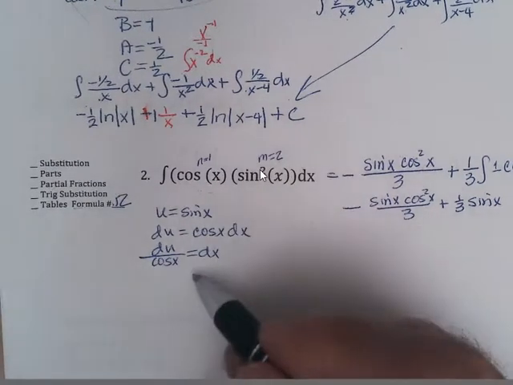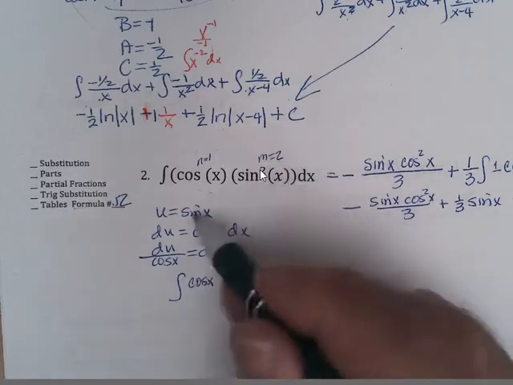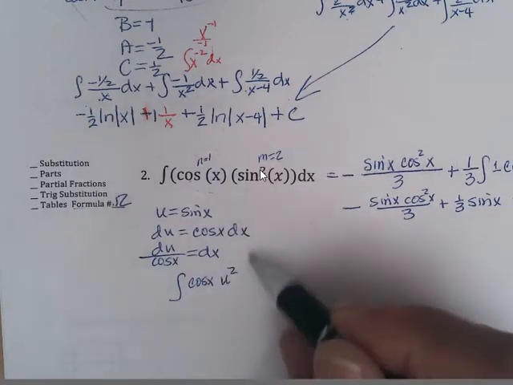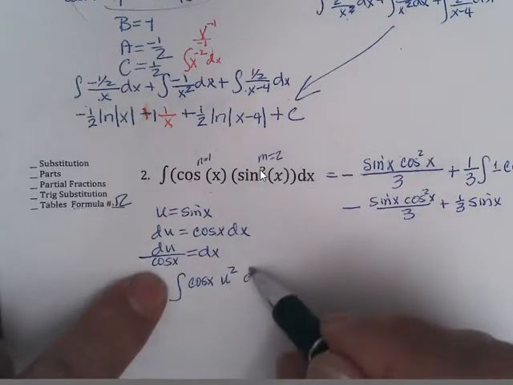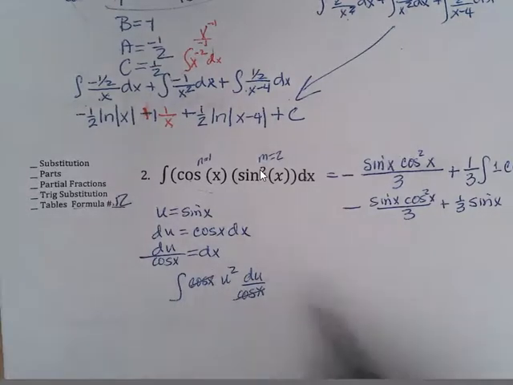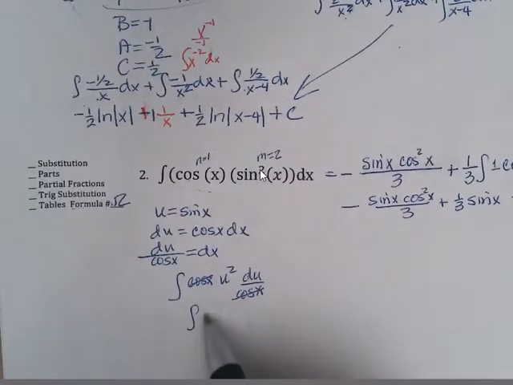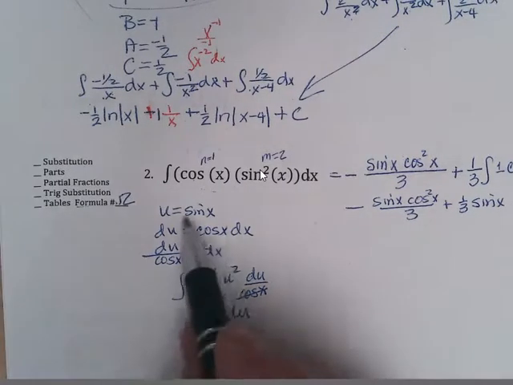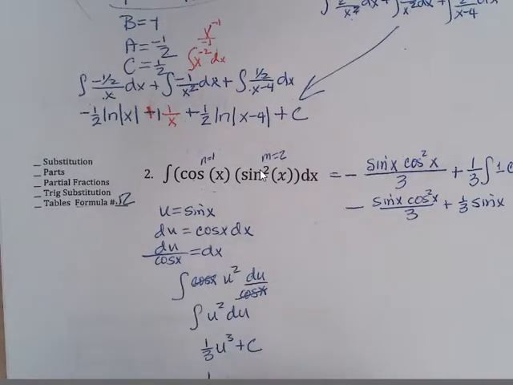Replacing things, we'd have the integral cosine x, sine squared, that'd be u squared, and dx is du over cosine x. The x's would cancel. We'd have the integral of u squared du, which is 1/3 u to the 3rd. Going back to the x's, u was sine of x, so we'd have 1/3 sine cubed x plus c.